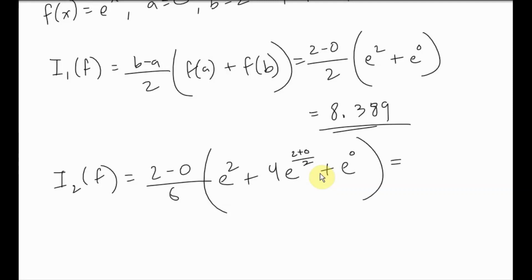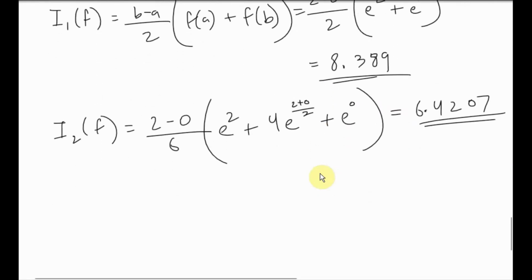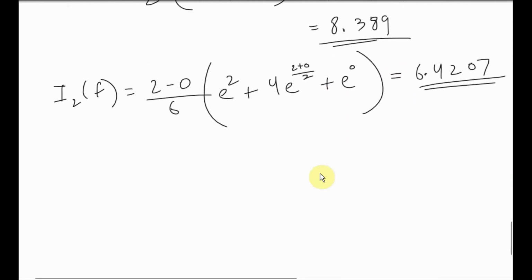And this is going to give you 6.4207. Okay, there's a vast difference. These two values are approximating the same thing, but they have a large delta between them.